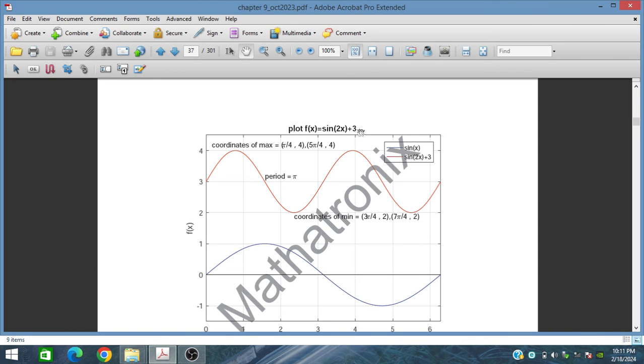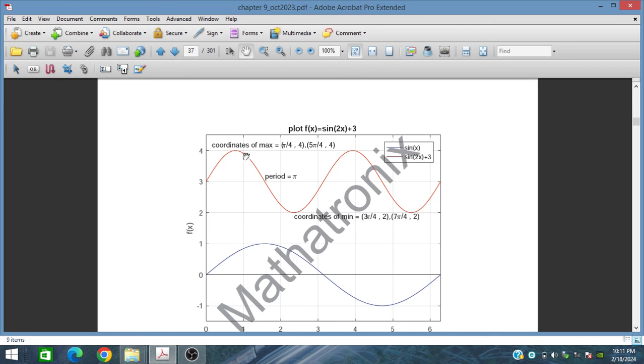The same graph without 3 will be here. Since it is shifting, that's why we are adding 3. So simply add 3 here, and we shifted it. Instead of 0, we have shifted it to 3 because of this 3.